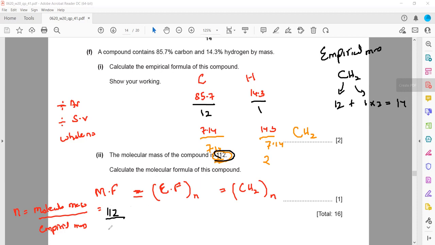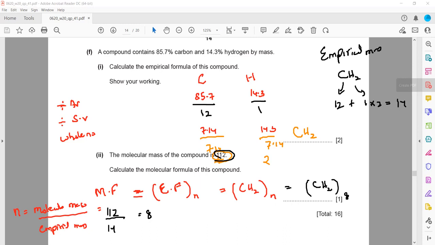So the empirical mass of CH2 is 14. So 112 divided by 14 gives us 8. So the value of n is 8, and the formula is CH2 with n equal to 8.